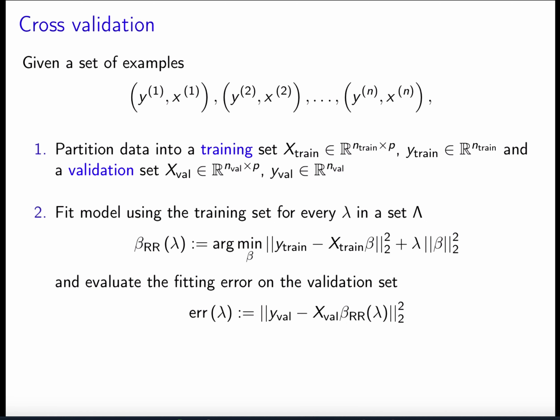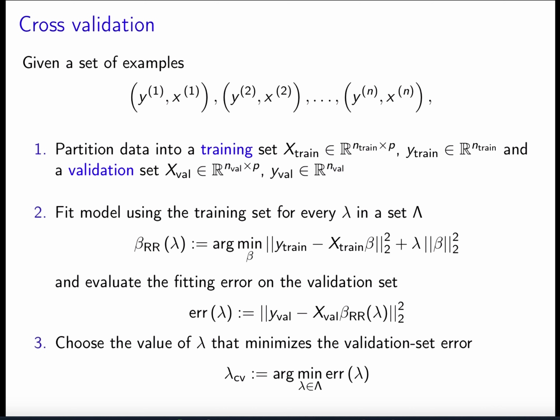The idea is that you fit the model using only the training data, and then you evaluate the model on a validation set, and you do that for every lambda. So for every lambda, you train only minimizing the cost function on your training data, and then you check the error on your validation data, and you do that for many, many values of lambda. Eventually you choose the lambda that is best on the validation data.